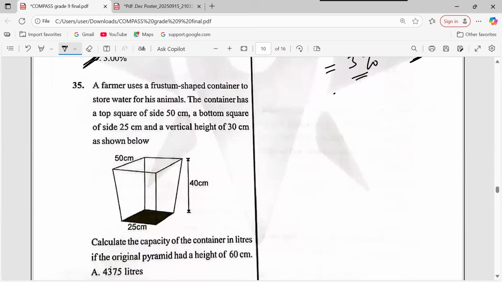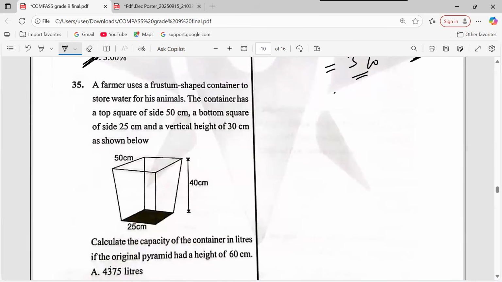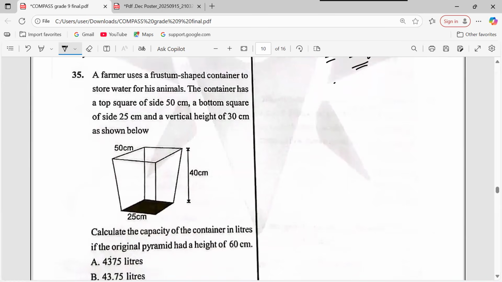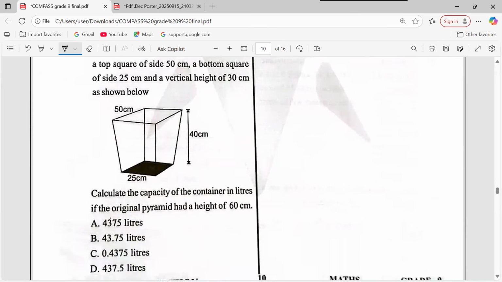Number 35 now. A farmer used a frustum-shaped container to store water for his animals. The container has a top square of side 50 centimeters, a bottom square of side 25 centimeters, and a vertical height of 30 centimeters as shown. So you can see how the bucket is.